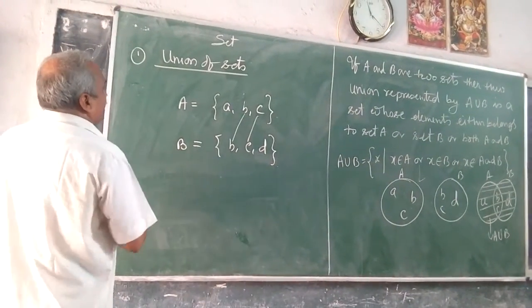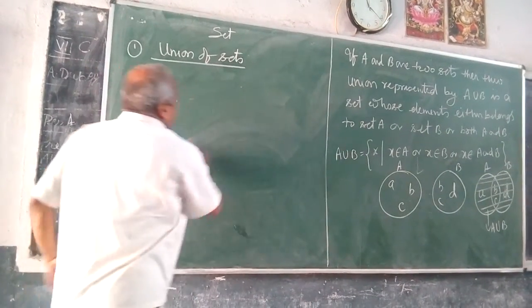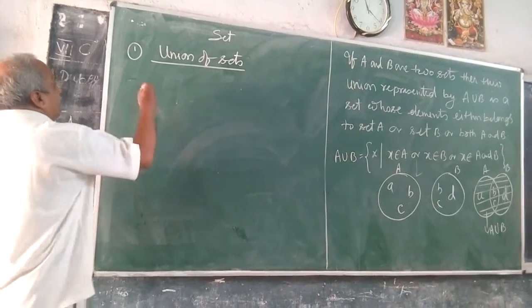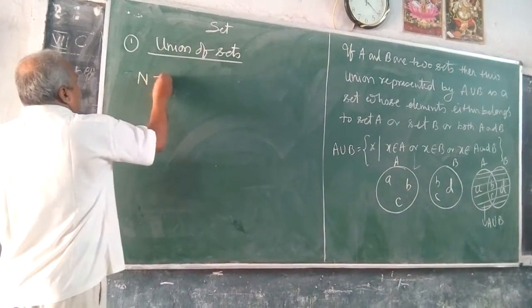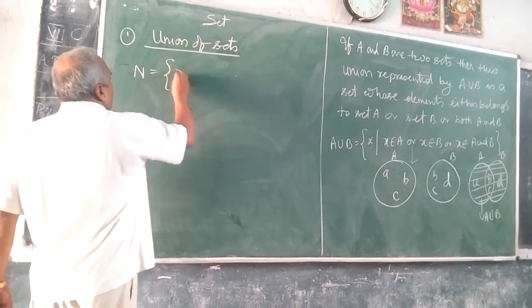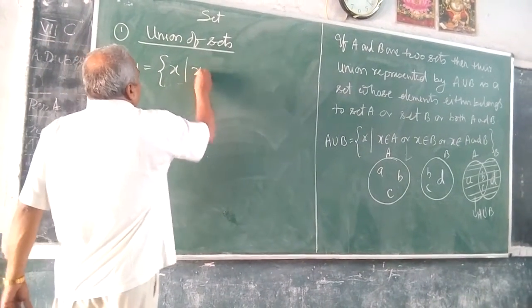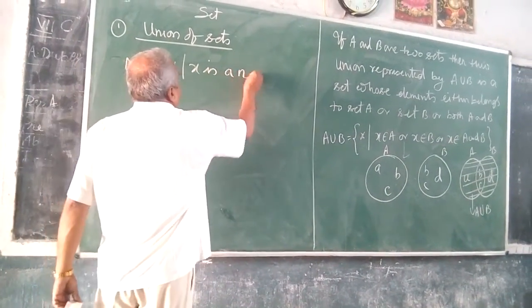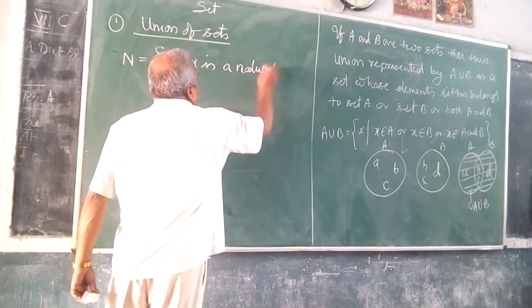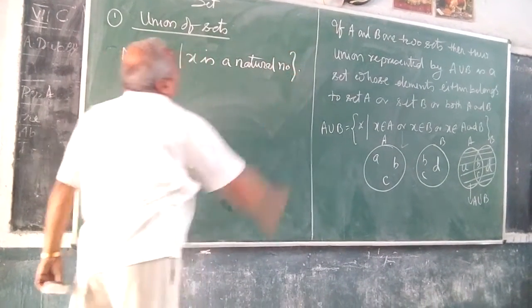For example, I take another example. Suppose I write a set N. N is a set of X such that X is a natural number. Okay?